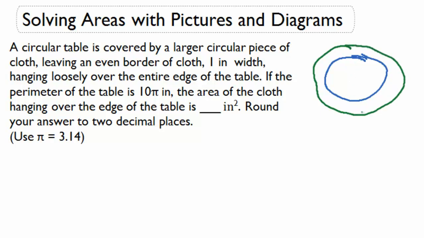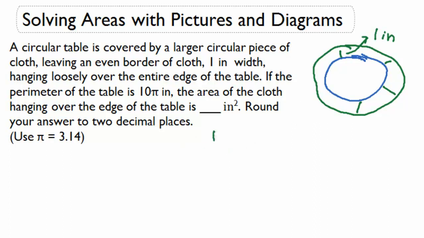Anywhere between the table and the edge of the cloth is always going to be a distance of 1 inch. And we said that the perimeter of the table is 10 pi inches.